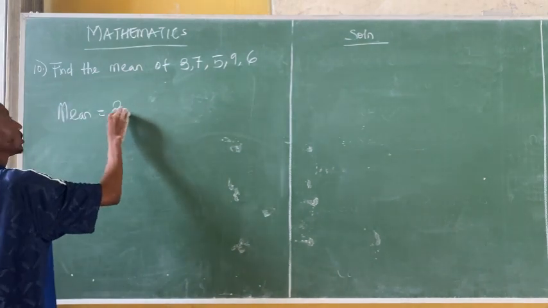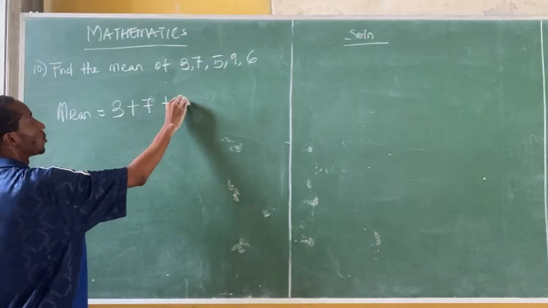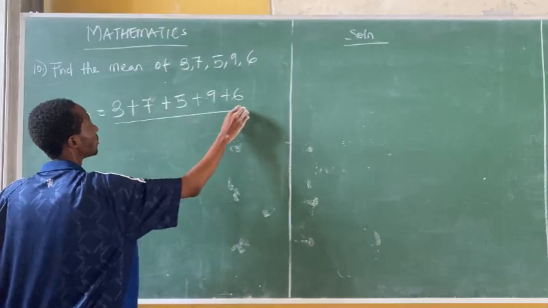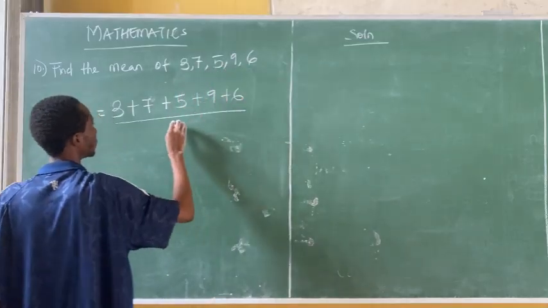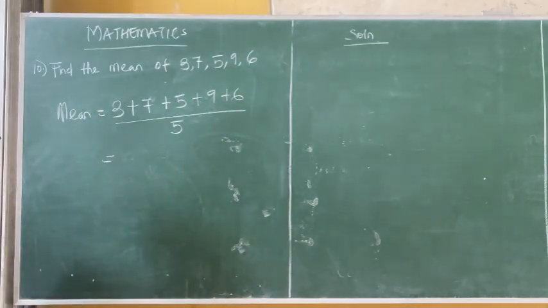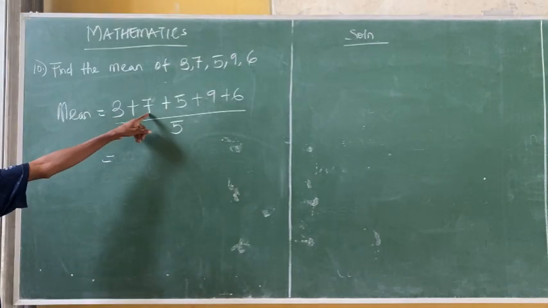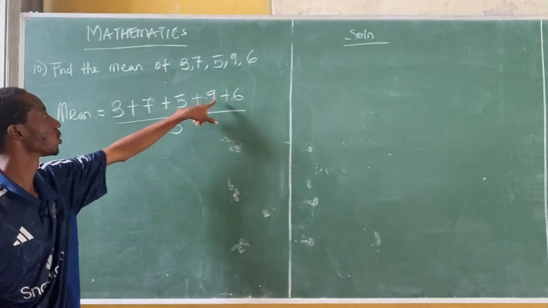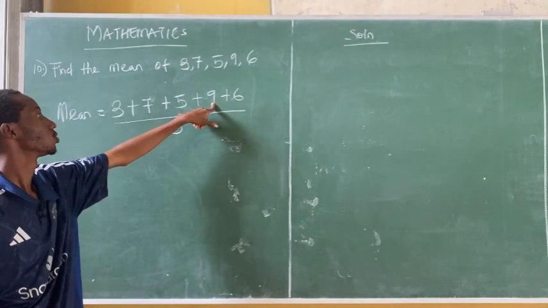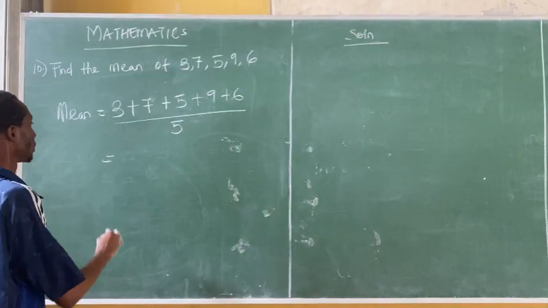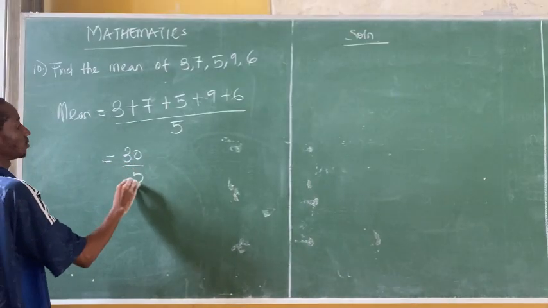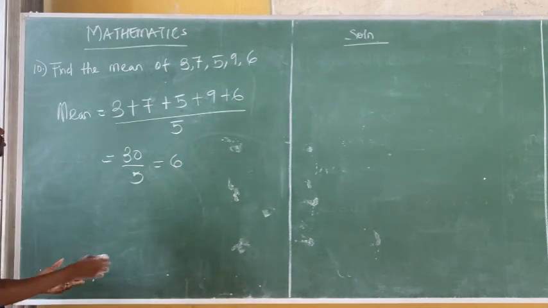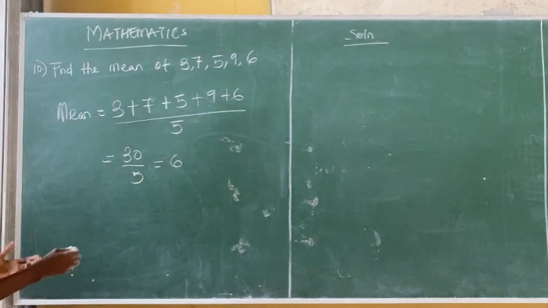We have 3 plus 7 plus 5 plus 9 plus 6, all divided by 1, 2, 3, 4, 5, which is 5. 3 plus 7 is 10. 10 plus 5 is 15. 15 plus 9 is 24. 24 plus 6 will give us 30. So we have 30 divided by 5. 30 divided by 5 gives us 6. Therefore, the mean of this set of numbers is 6.